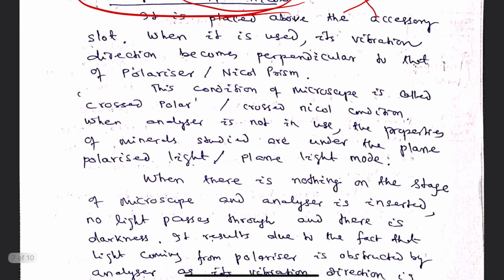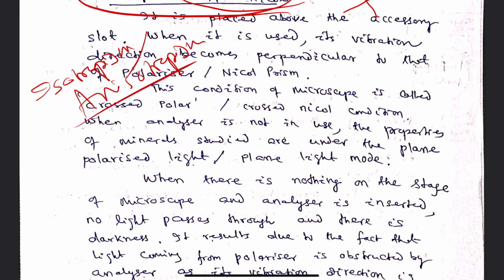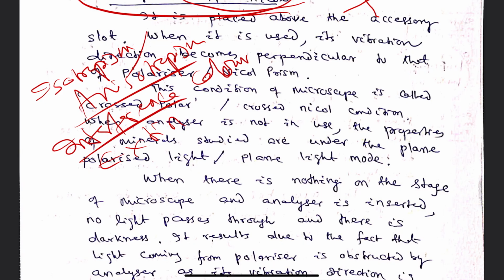In that condition, some of the typical properties of minerals are studied, such as isotropism or anisotropism, then interference color, extinction, birefringence, then twinning.